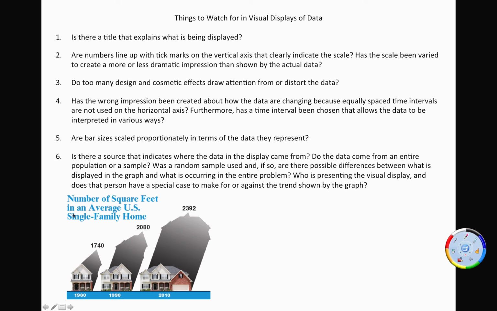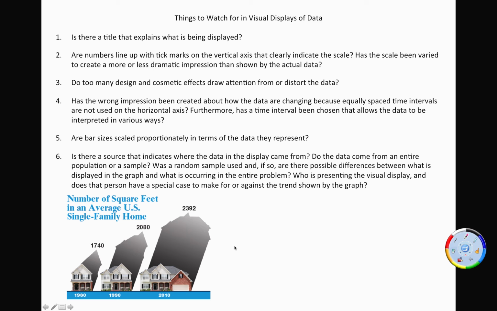So for example, here's a display of the number of square feet in an average U.S. single-family home. Okay? Cosmetic effects of homes with equal heights, so the homes all have equal heights, but different frontal additions and shadow lengths make it impossible to tell if they proportionately depict the given areas.